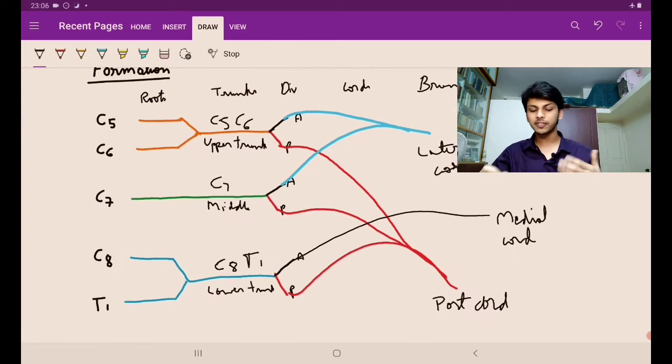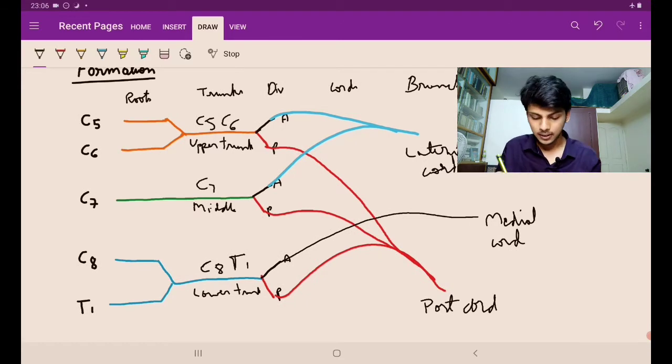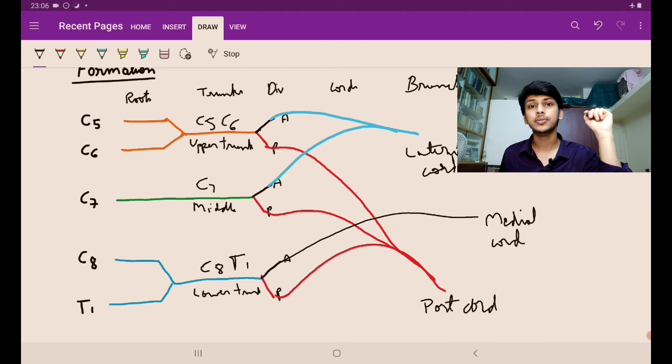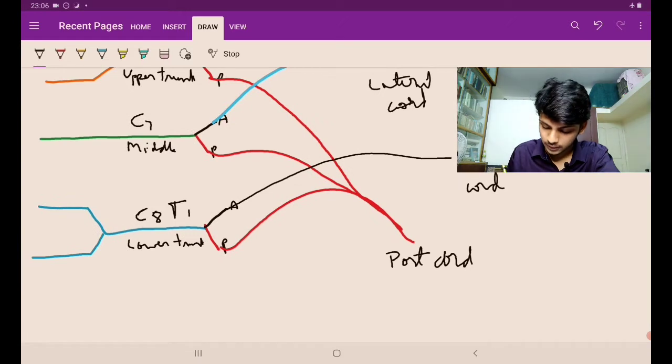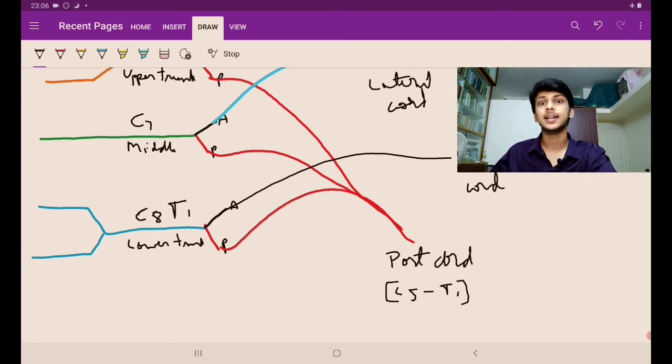Now if the root value is like this, see the posterior cord. The posterior cord has contributions from all three trunks, so most of the branches of the posterior cord will have the root value from C5 to T1. But the contribution can be different. We'll study that when we study the branches.